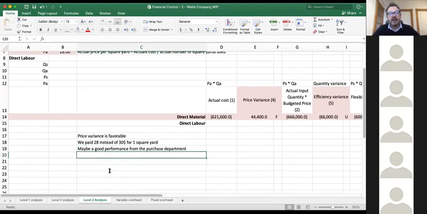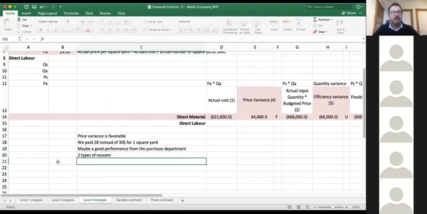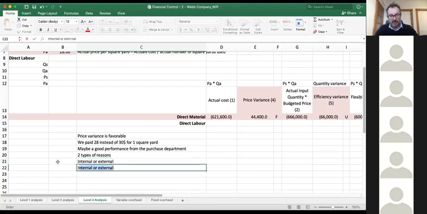And each time we can imagine two types of reasons. Two types of reasons. Internal reasons or external reasons. Okay, so internal reasons.